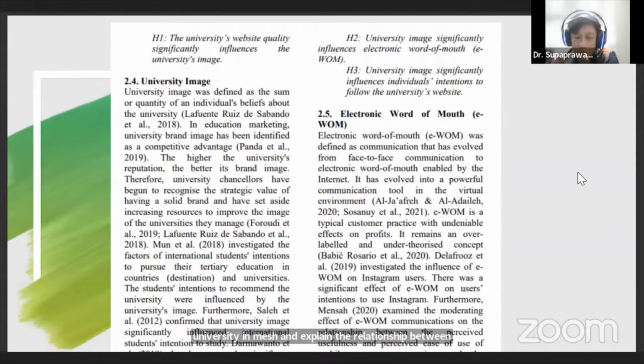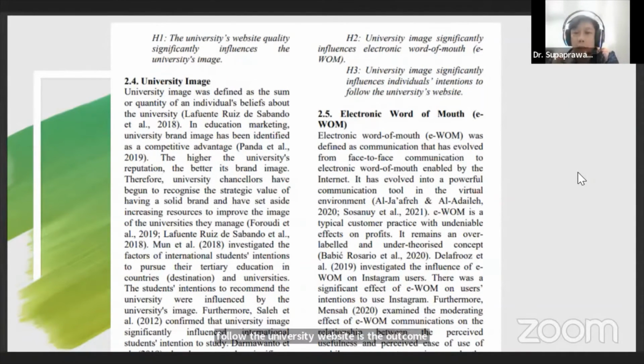For example, the third hypothesis adopts that the university image significantly influences individuals' intentions to follow the university website. It means that the university image is considered as the predictor, and the intention to follow the university website is the outcome variable.